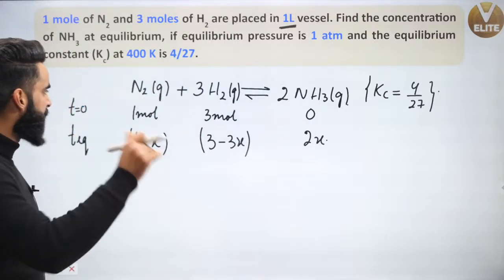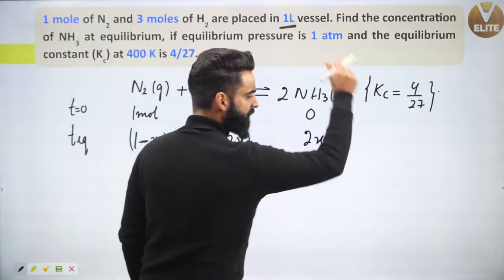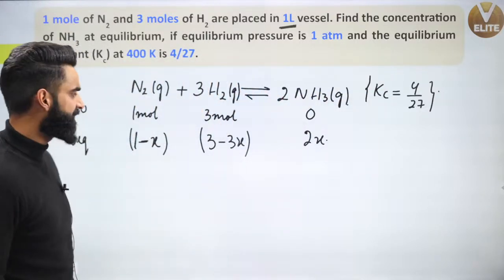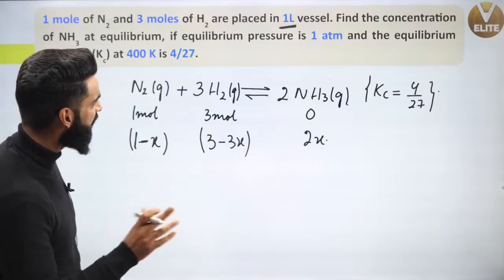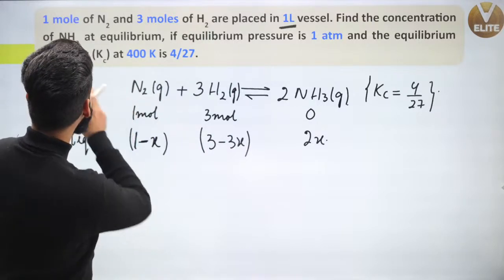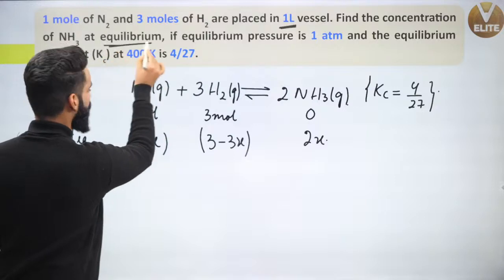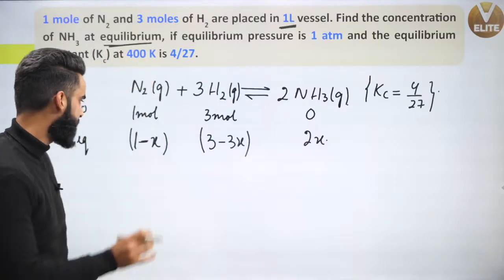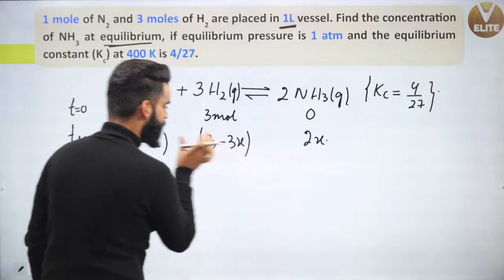Correct? Now people, I'm given the Kc value. Understand properly. What am I supposed to calculate? Find the concentration of NH3 at equilibrium. These are the moles of reactants and products at equilibrium.